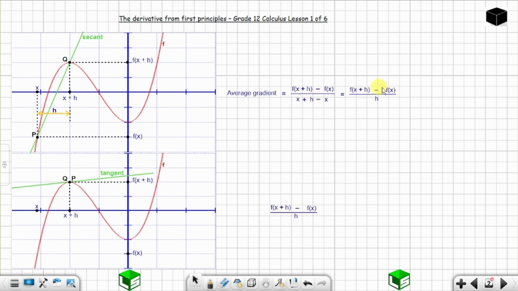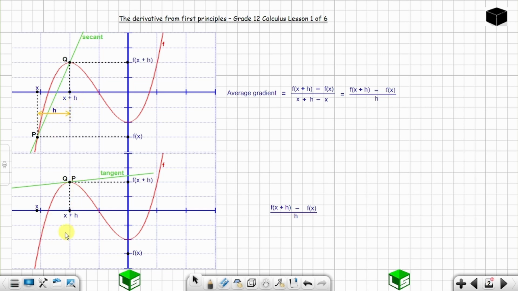You have the change in the y over the change in the x. Now we have to introduce something so that this gradient can be the gradient of a tangent line, right? So you have to notice something. In the previous sketch, you can see you have the change from x to x plus h, right? The change is h, you can see.